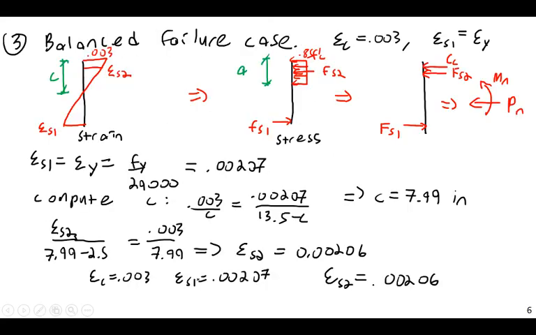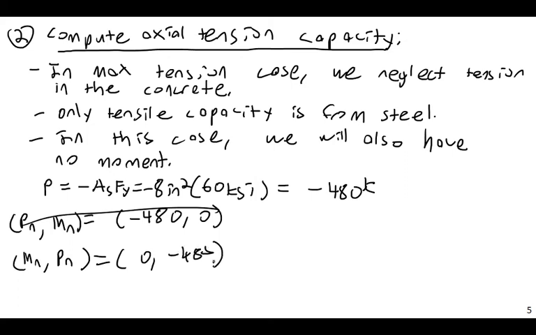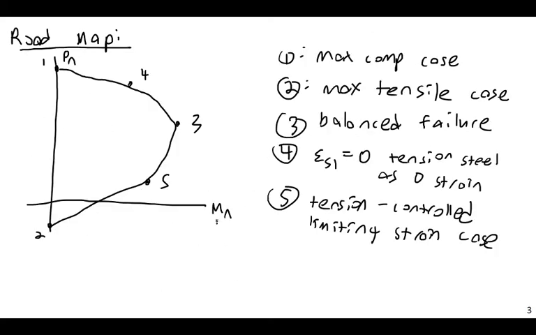Did I do the same thing over here? Okay. Oh, little typos. I always put the axial capacity on the negative, so it's going to be 0, comma negative 480. Yeah, so that is correct.